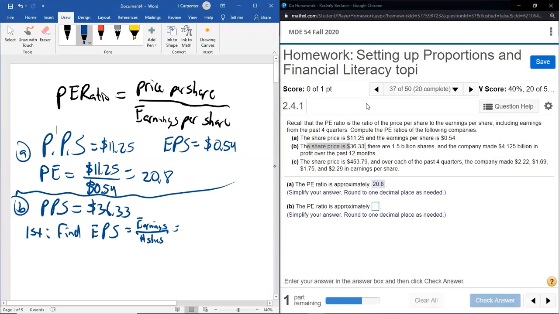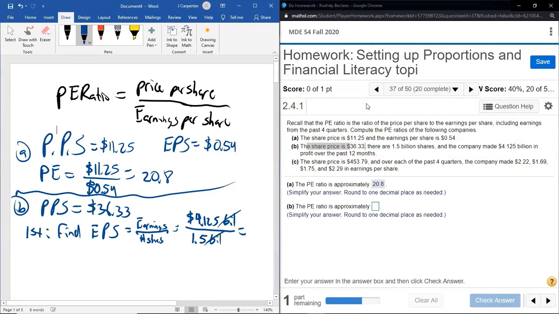Oh, well, no, we can't do the problem. Yes, we can. Earnings means profit. That was 4.125 billion. So since both of these things are in billions, we can just leave that with the units there. So 4.125 billion dollars. And then the number of shares was the 1.5 billion. So 1.5 billion shares. So that's the division we're going to do.